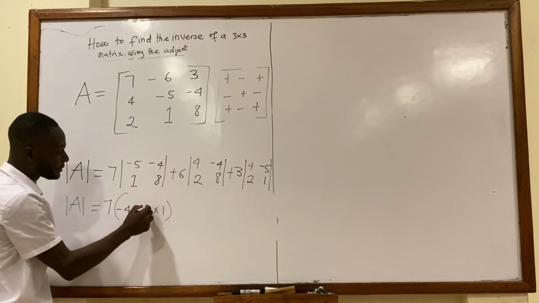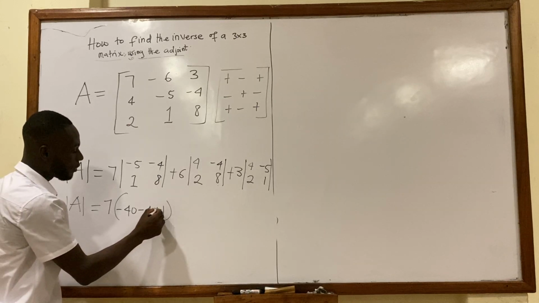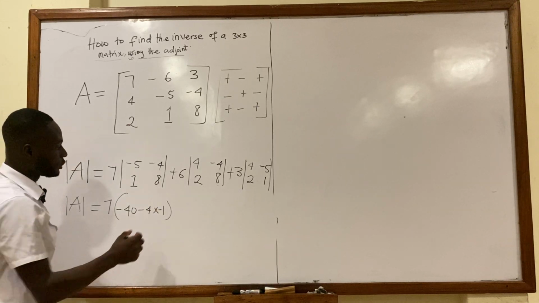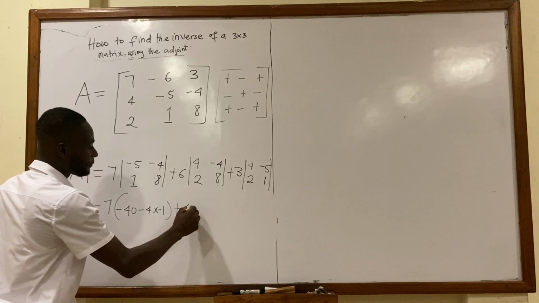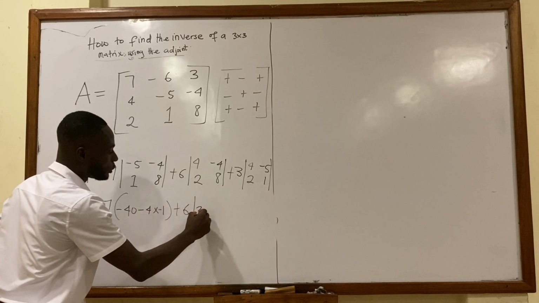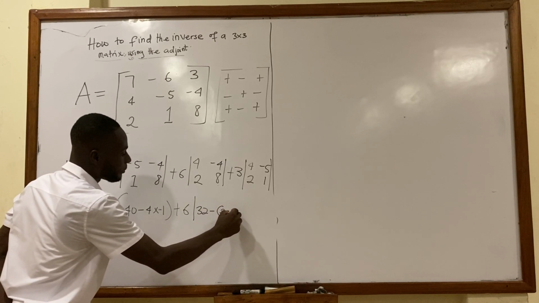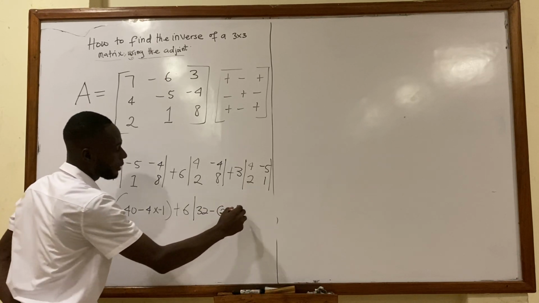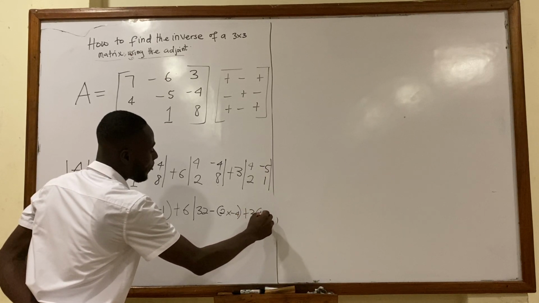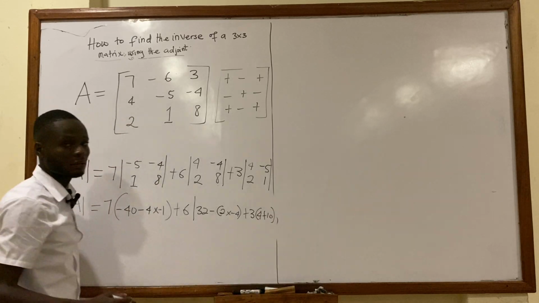So minus minus, and that will be positive. So we have minus 4 times minus 1, and that will be positive. So plus 6 into 4 times 8, which is 32, minus 2 times minus 4, plus 3 into 4 plus 10.